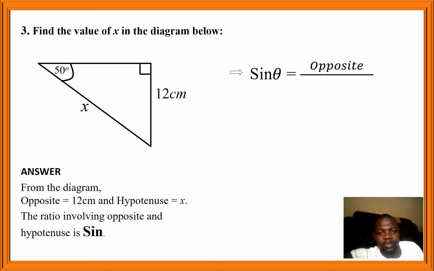So sine of theta is equal to opposite over hypotenuse, which implies sine of 50 degrees should be equal to 12 over x.